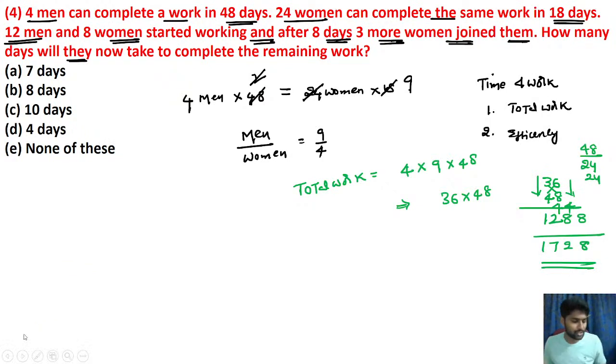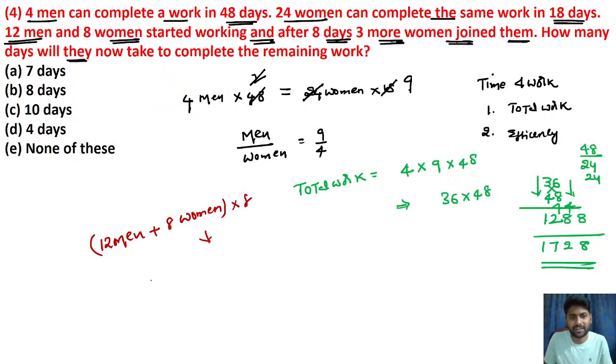Now we know the total number of units, meaning the total work, and we know the efficiency of each and every person. Now the question: initially, 12 men and 8 women were working for 8 days. If they worked for 8 days, they definitely completed a certain number of units. Each man completed 9 units, each woman completed 4 units, and they worked for 8 days.